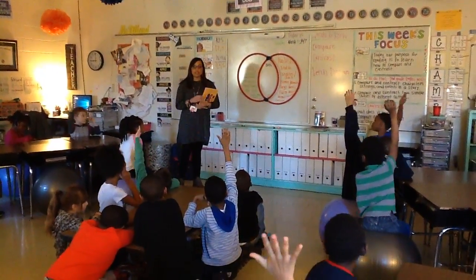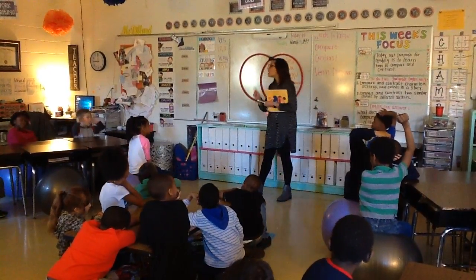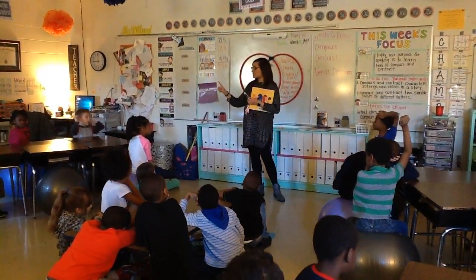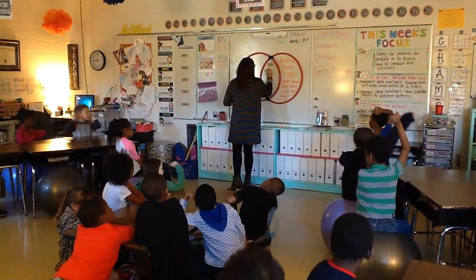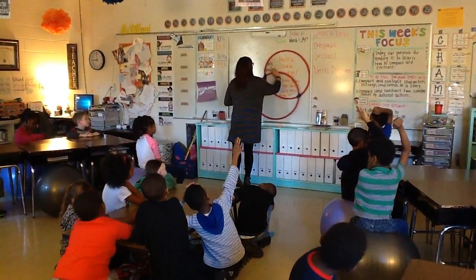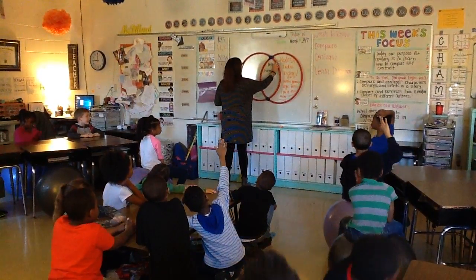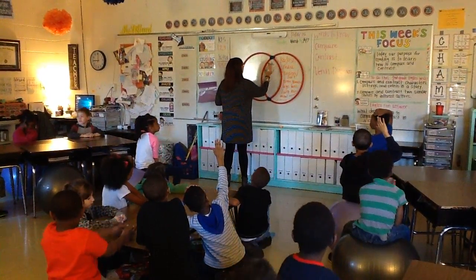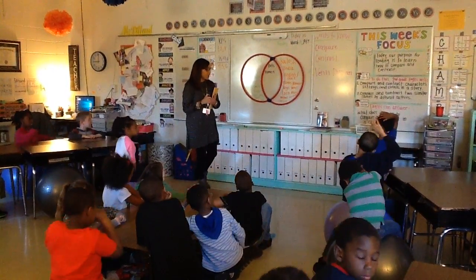Let me see. Caleb, what do they both have? Oh, wait. They both have. Good. They both have homes. Good. As long as there's a way to fix it. All right, Caleb Dixon, what else do they both have?